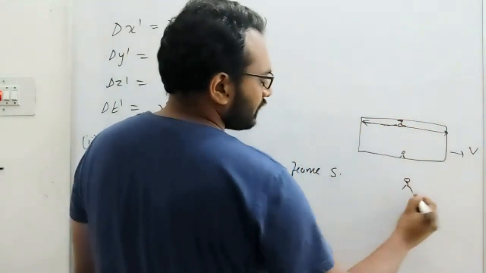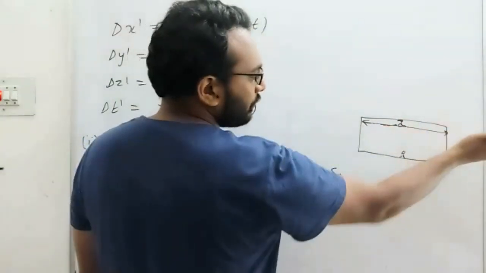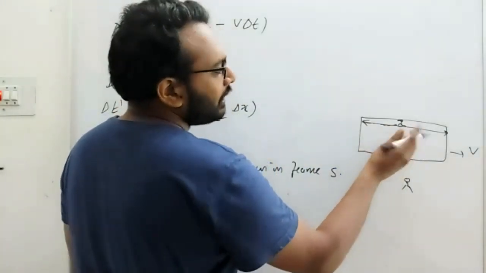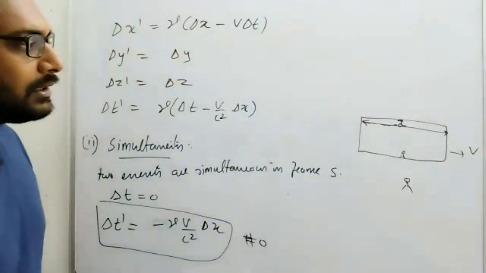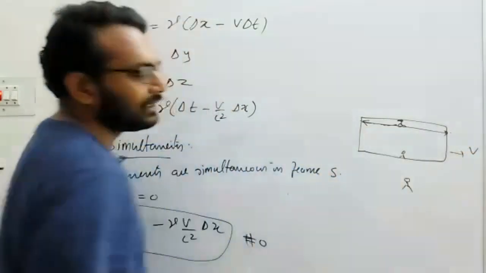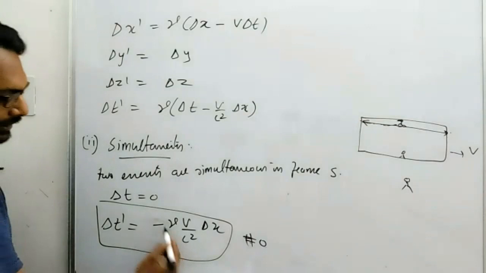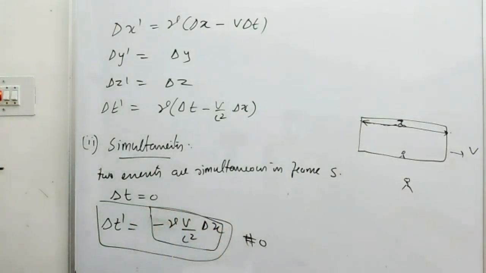What about the observer on the ground? The observer on the ground sees that the train is actually moving forward. So light needs to travel a smaller distance toward the back and a greater distance toward the front. So he'll see that the light hits here earlier and it hits there at a later time, and the difference between them will be minus gamma v delta x by c square.